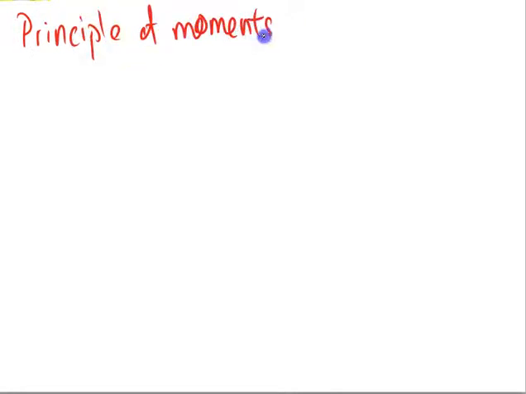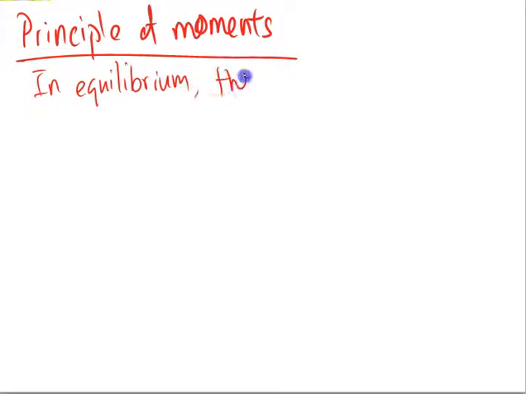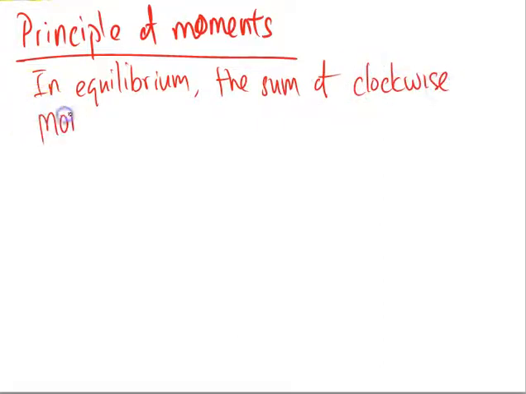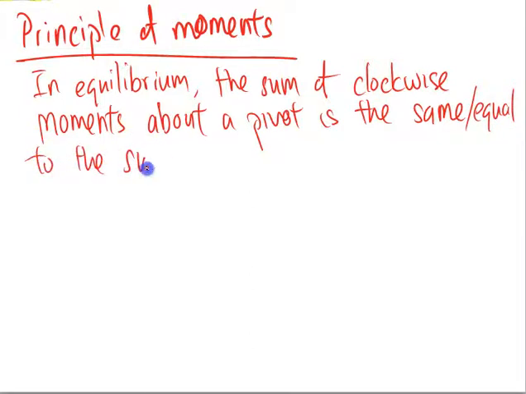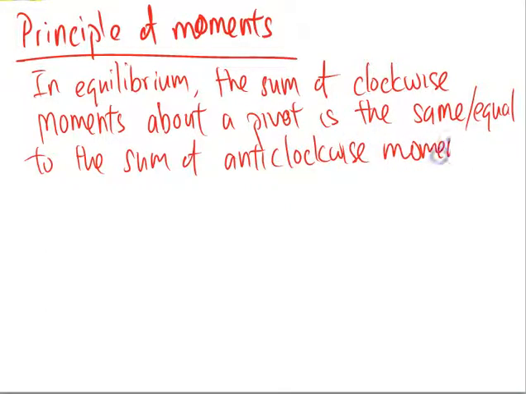The principle of moments states that in equilibrium, the sum of clockwise moments about a pivot is equal to the sum of anti-clockwise moments about the same pivot.